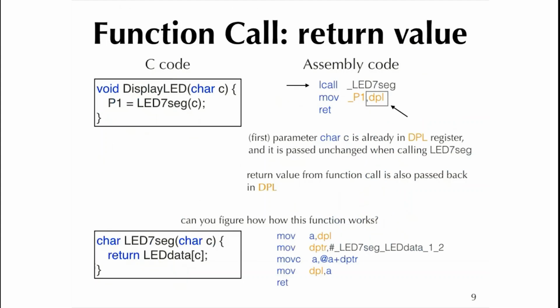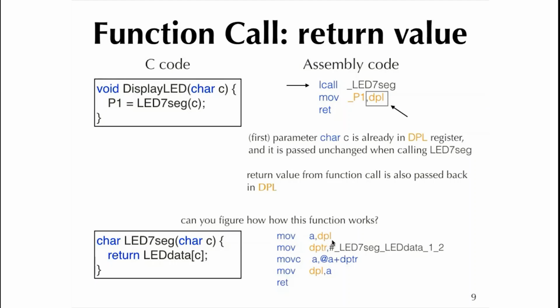And then the return value, right? So DPL is both the parameter register and the return value register, right? So that way it actually saves a lot of copying, and the return value is used directly for writing into P1, right?